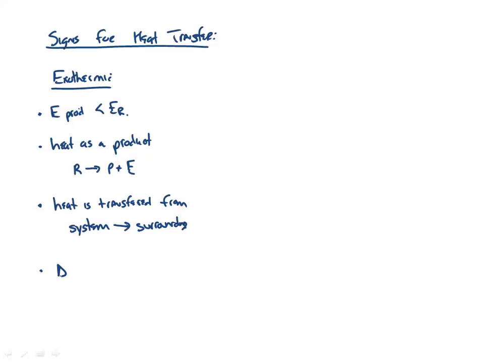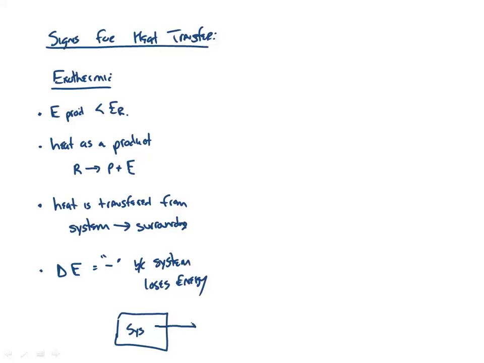And so we're going to give any exothermic change a negative sign, because the system loses energy. If I draw a diagram like this, and there's my system, then the arrow going out should have a negative sign associated with it, and the arrow going in will have a positive sign associated with it.